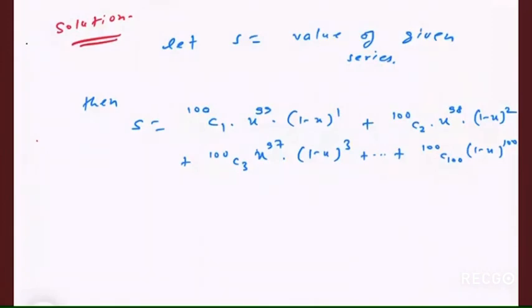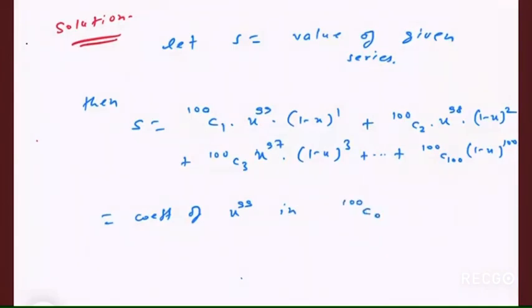So in this series, the coefficient of x to the power 99 is equal to S, which is our sum. In the next line I have also written the full sentence, that S is the coefficient of x to the power 99 in the expression.